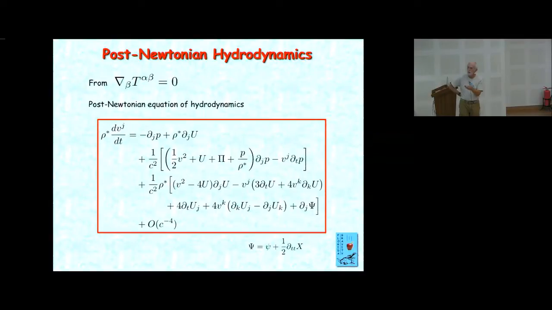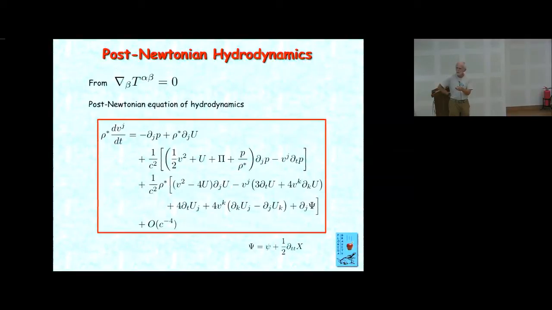These are all 1 over c squared, you can see, all epsilon smaller. There's the term that involves the rate of change of pressure times the velocity. There are terms here that involve nonlinear interactions, u times u, and the velocity of the body itself enters in. Term involving time derivatives of that vector potential.